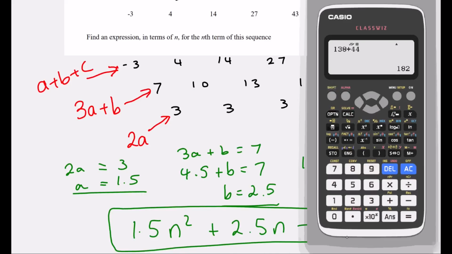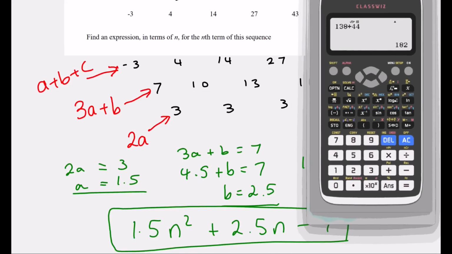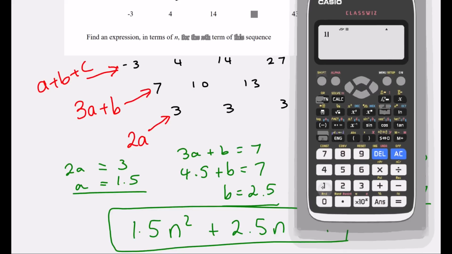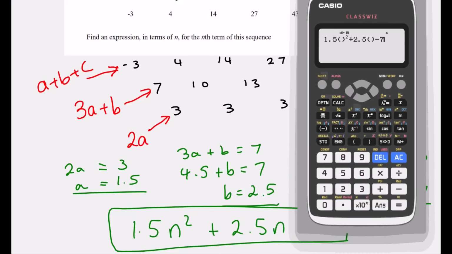You can check your answer. So we have 1.5n squared plus 2.5n minus 7. And if I put 4 in, I should get 27 out.